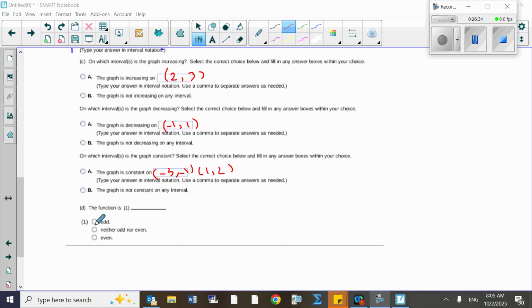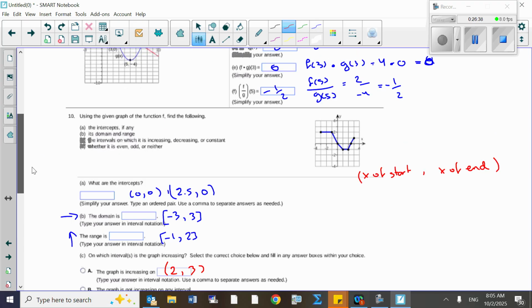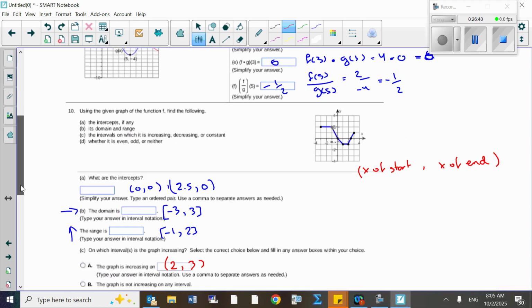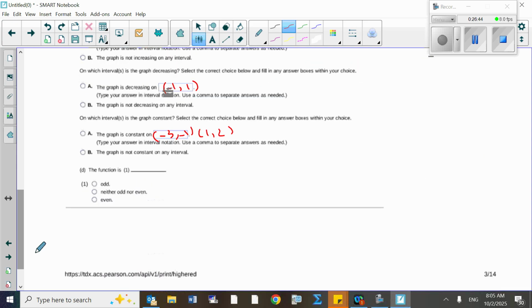Now it's asking if the function is even or odd. Even functions are symmetric to the y-axis. Let me draw you the graph of an even function, let's say this one, which is the graph of x squared. This is symmetric to the y-axis. That means the left side and right side are a mirror of each other.